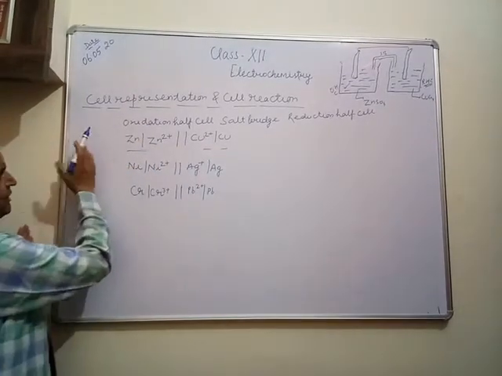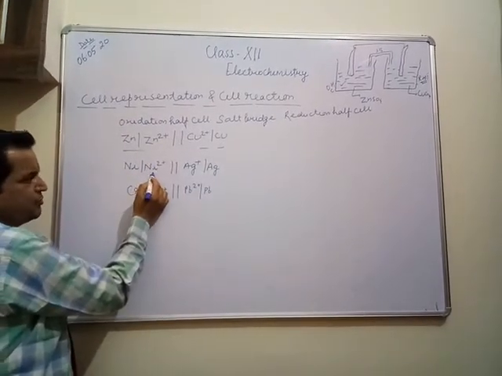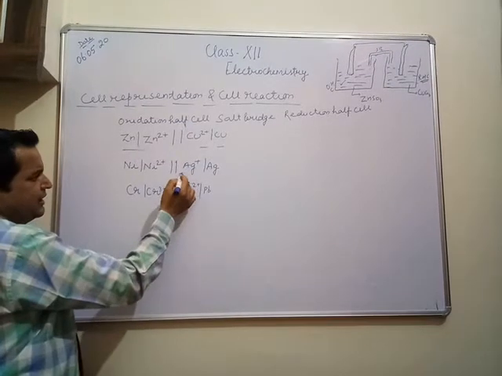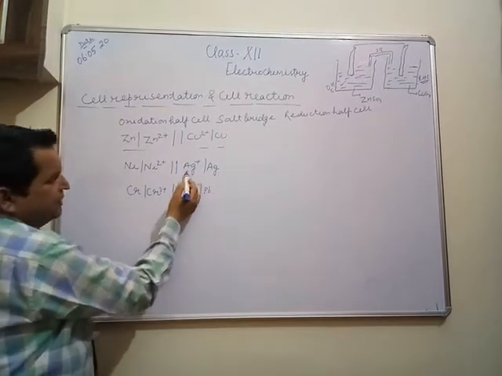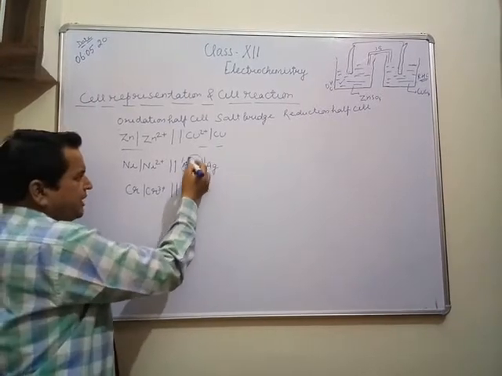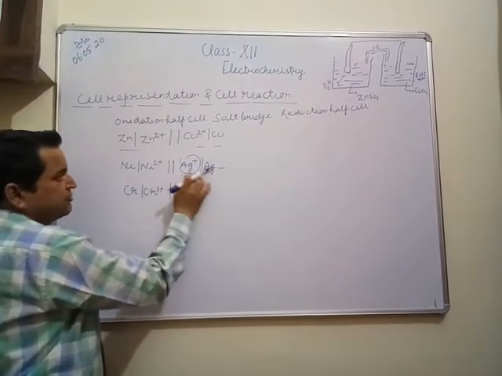On the left side you keep the oxidation half cell, just like nickel converting into nickel 2 positive. This is oxidation, and then after that the salt bridge, and then the reduction. In this particular reaction, you can see the silver ion is converting into silver atom. This is reduction.